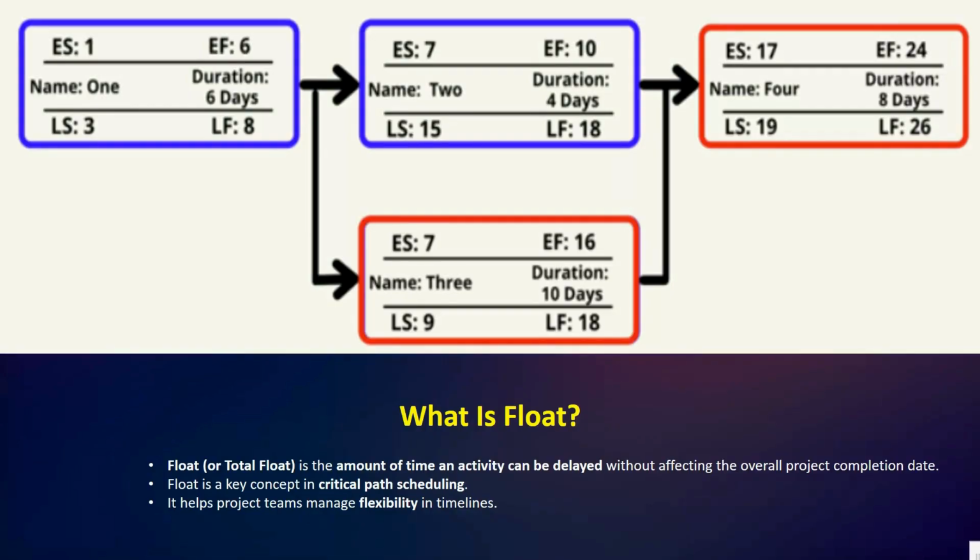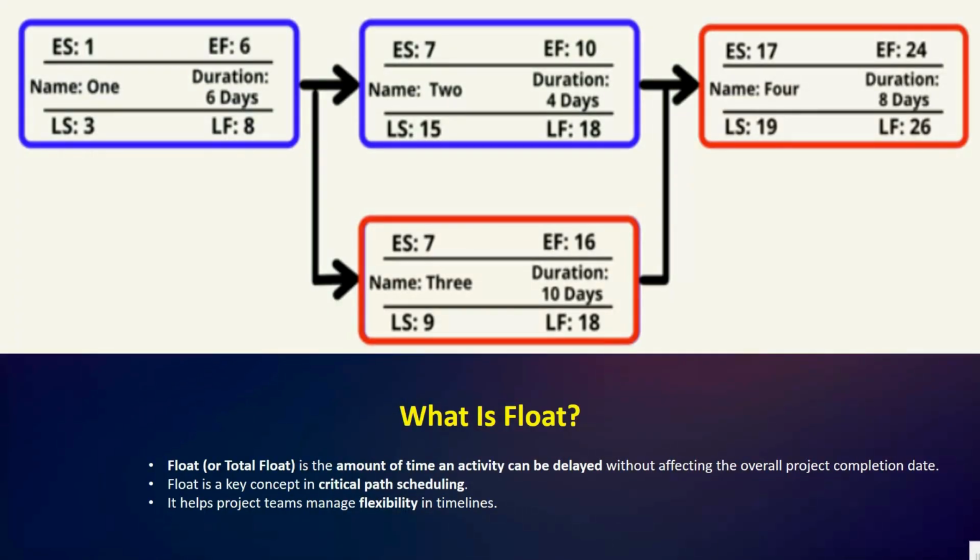Float, also known as total float, represents the amount of time an activity can be delayed without delaying the project's overall completion date. So it is an important concept in critical path method scheduling, as it shows the flexibility available in a project.